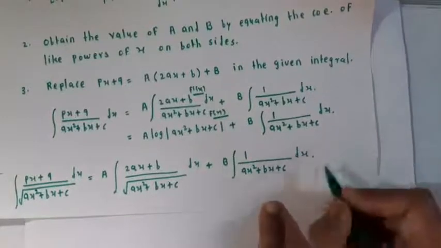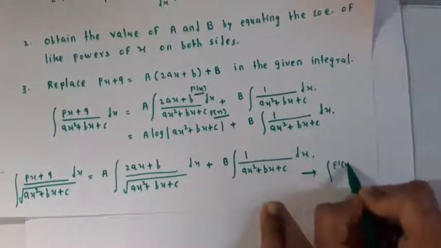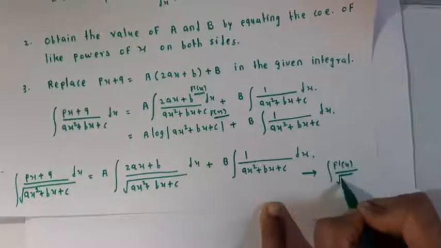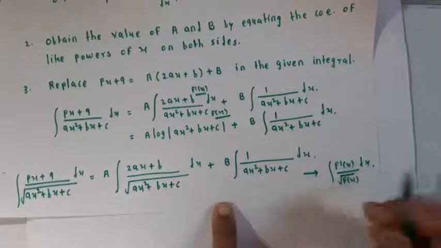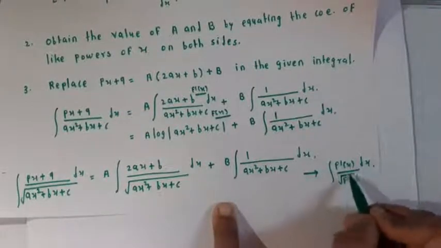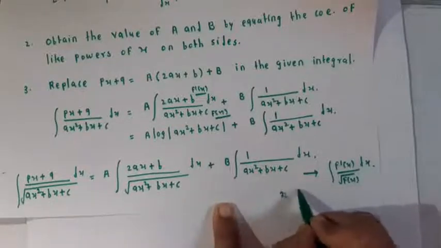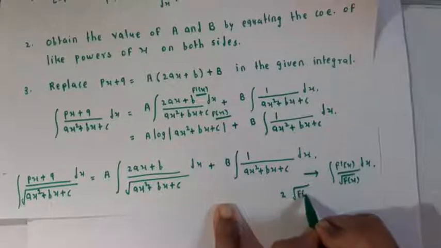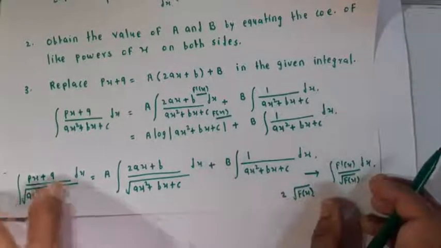This is of the form f dash of x upon square root of f of x with respect to x, and you know that its integration is 2 into square root of f of x. In this way we have to solve the integration.